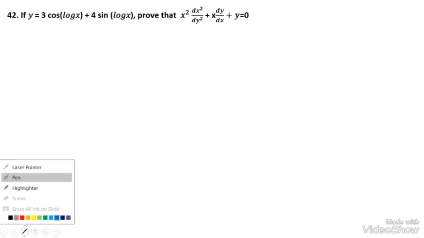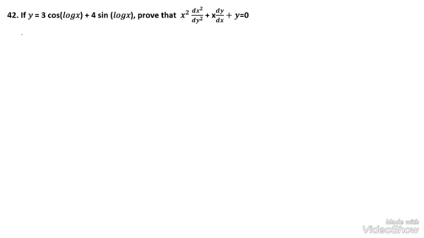First, consider equation 1: y is equal to 3 into cos of log x plus 4 into sine of log x. Now, we have to differentiate with respect to x.